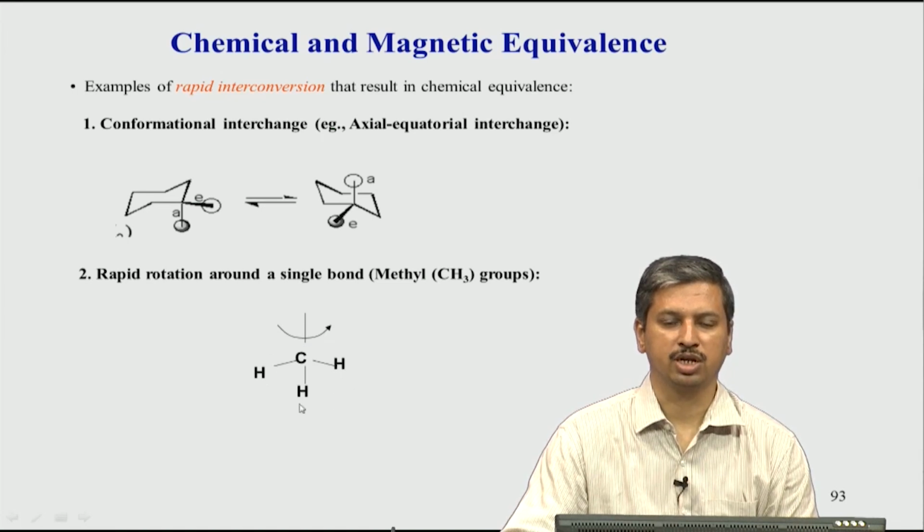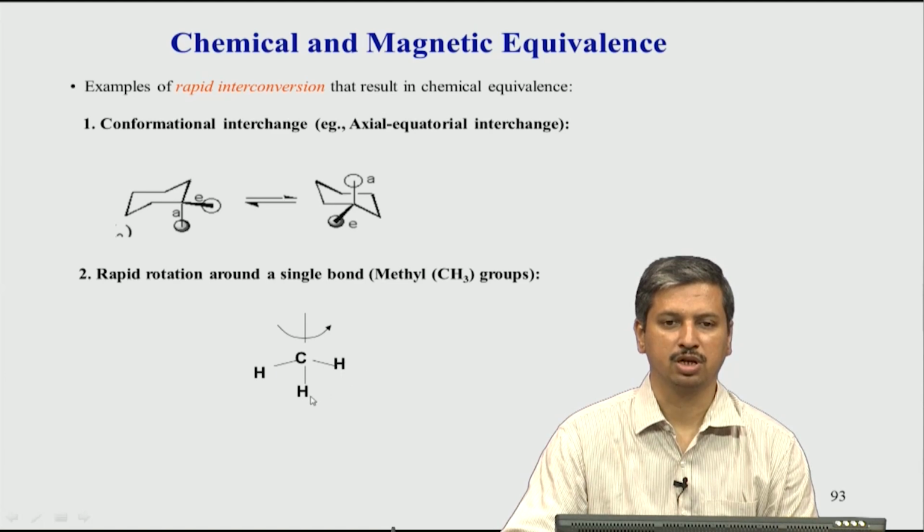This rotation is very rapid, and because of this rapid rotation around this bond, these three hydrogens experience the same chemical environment. Even if you have a functional group here, this hydrogen, this hydrogen, this hydrogen interconvert and end up with the same averaged chemical environment, and therefore all three are chemically equivalent.